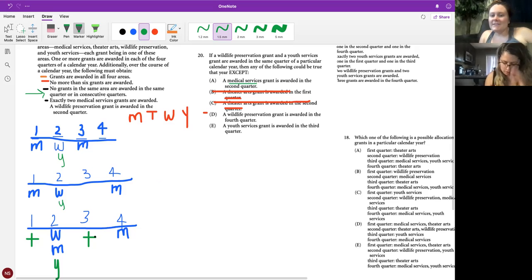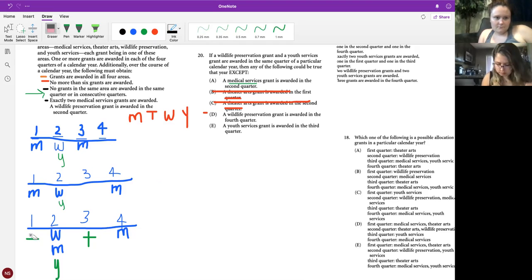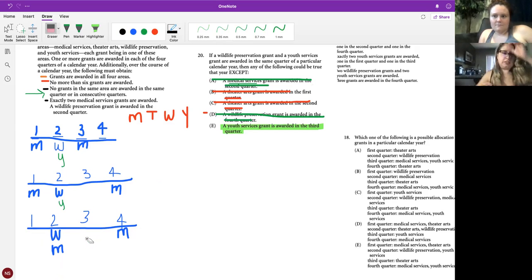Or, yeah, there's nowhere to put that. There can only be two. Oh, but then that means that A can work if you have it in the three. This would be A, which is fine. And then that means that E can't be in the third because that's the consecutive issue regardless.